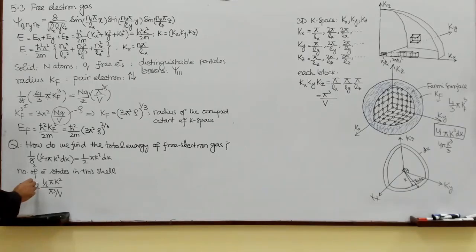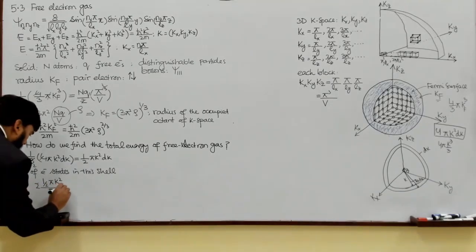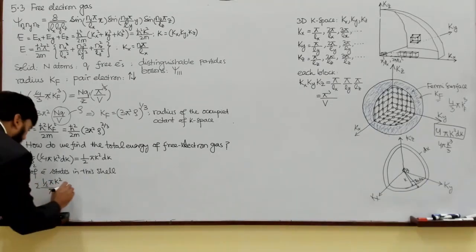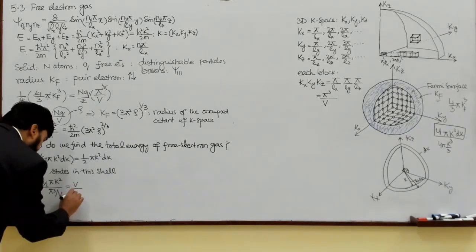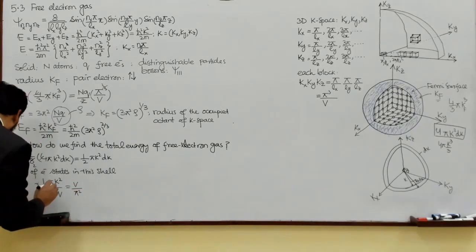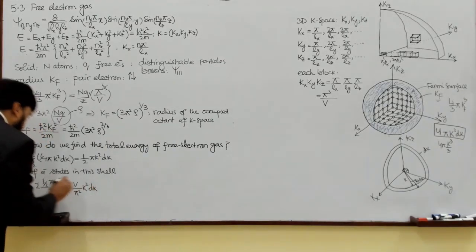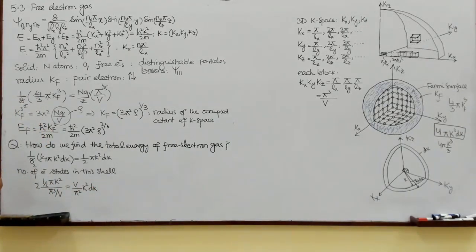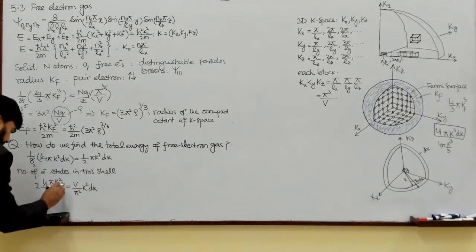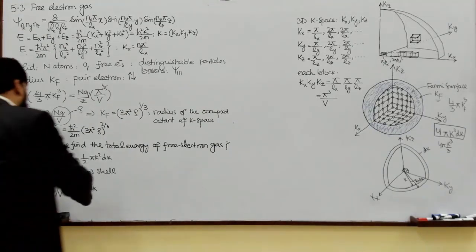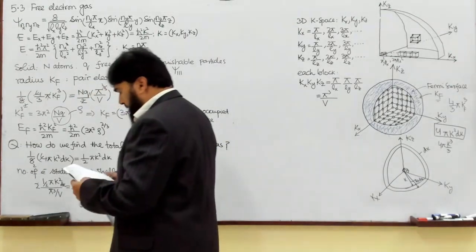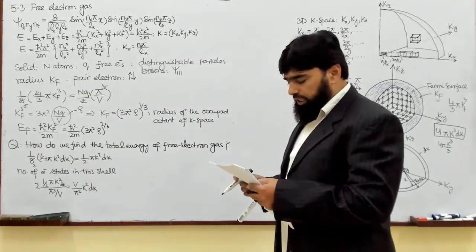The 2 will cancel and the pi will also simplify, so I can write V over pi squared k squared dk.